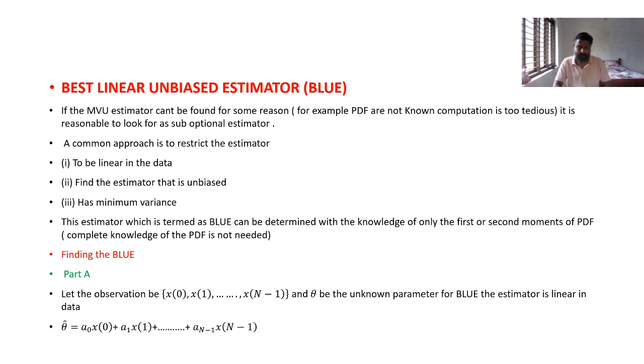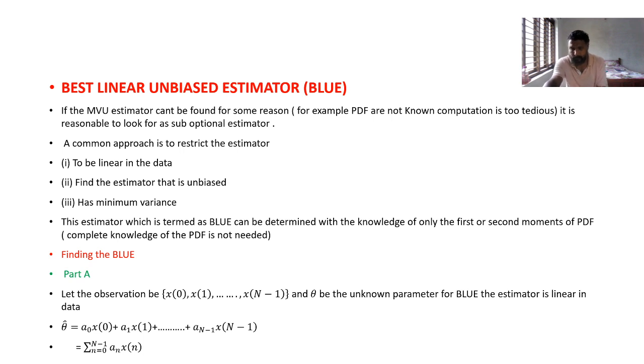In general I can rewrite it as the sum over i equal to 0 to N minus 1 of a i x of i, or the sum over n equal to 0 to N minus 1 of a n x of n. Anyway, you can take i or n. In some books it will be indicated as the sum over n or i, no problem.